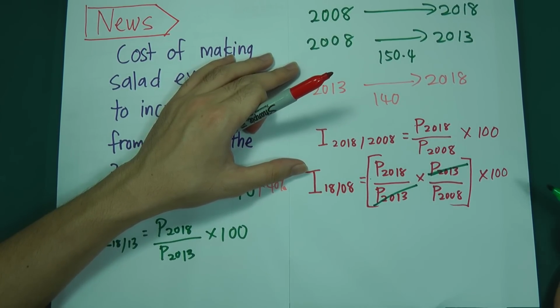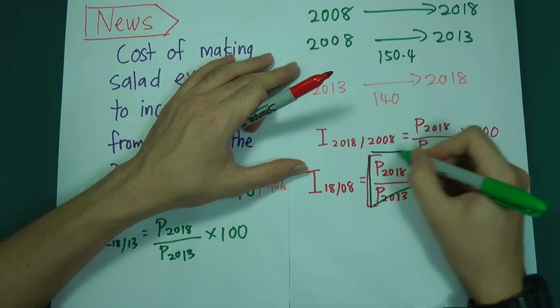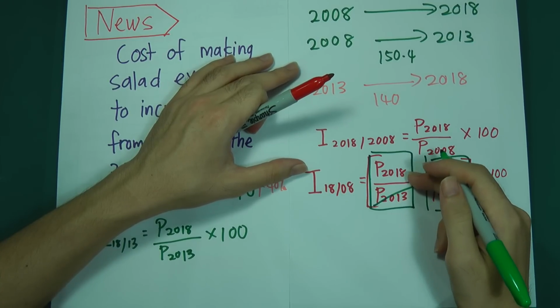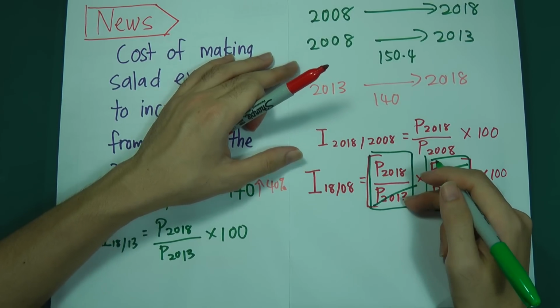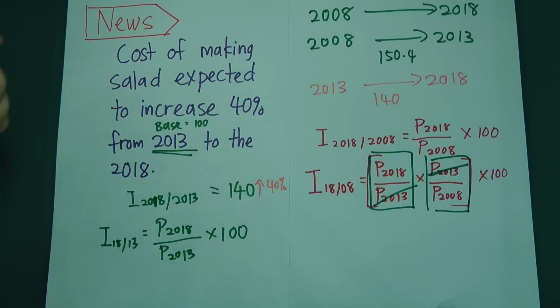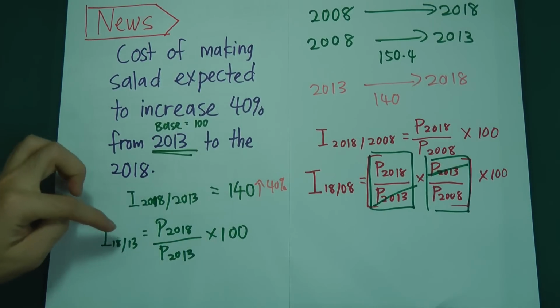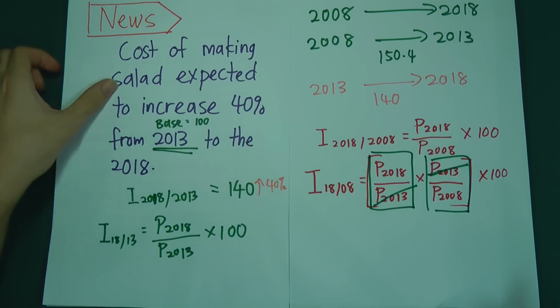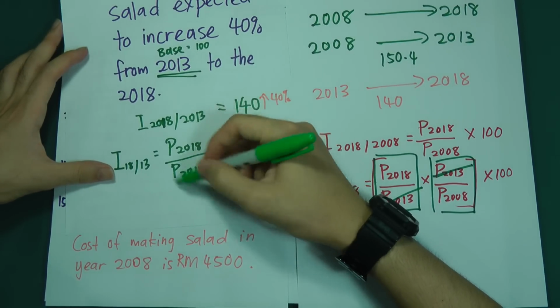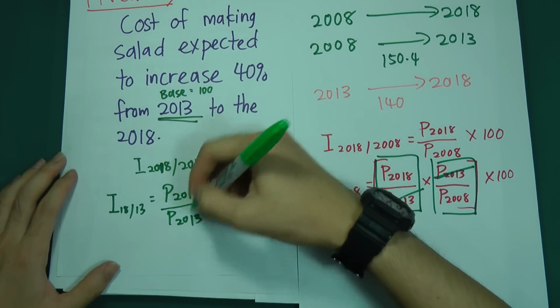Okay, so now the important thing is how to find out this one. Do we have the price 2008 based on the price 2013? Then we have to see over here. Okay, so for example, this is what we want.